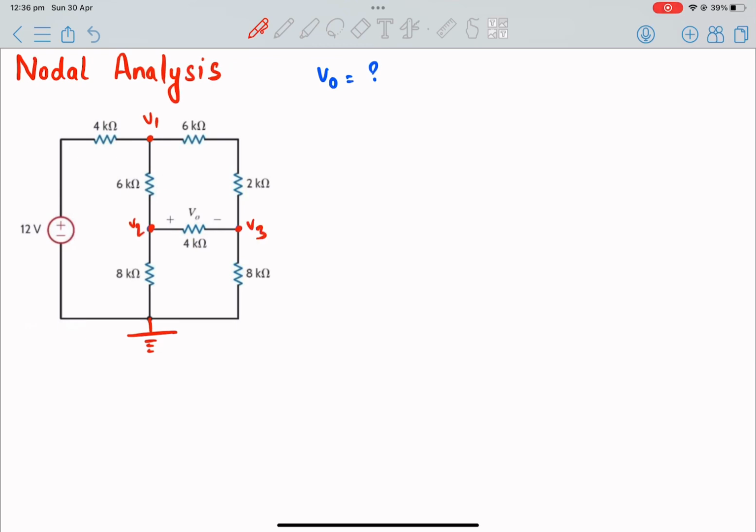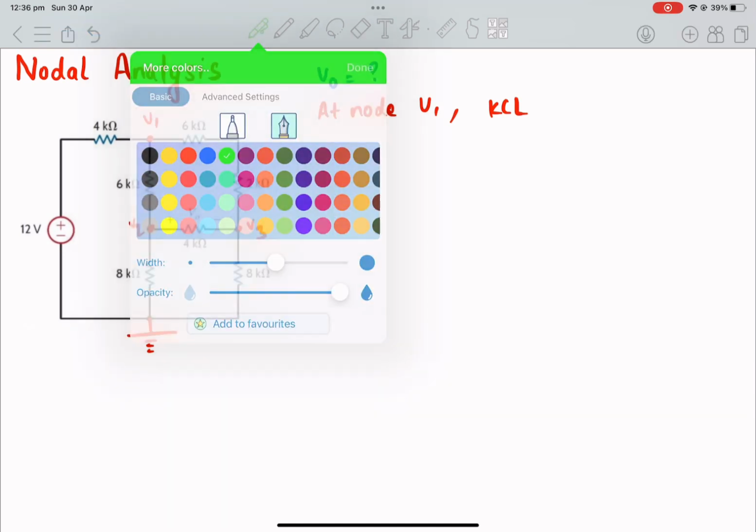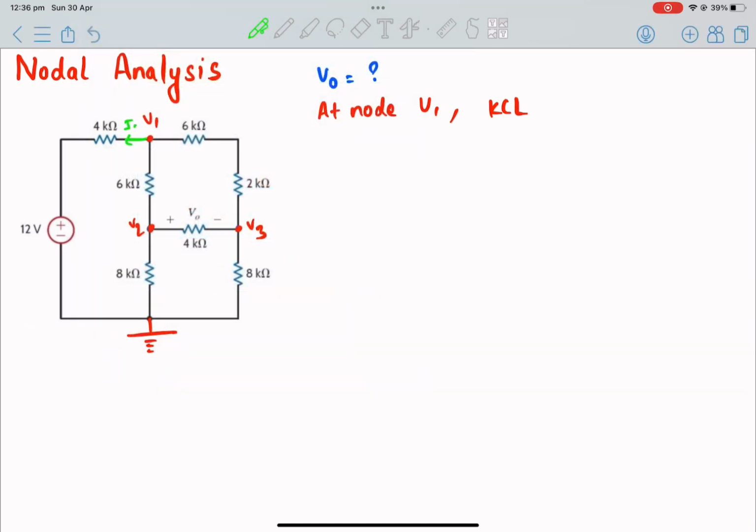So, let's consider node V1 first. At node V1, basically we use KCL. That is, if we consider I1 current flowing in that direction, I2 flowing through that direction, and I3 flowing through this direction, then I1 plus I2 plus I3 equals 0.